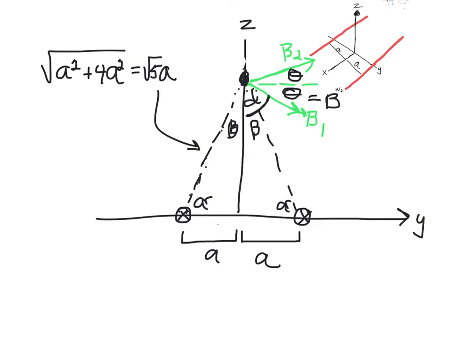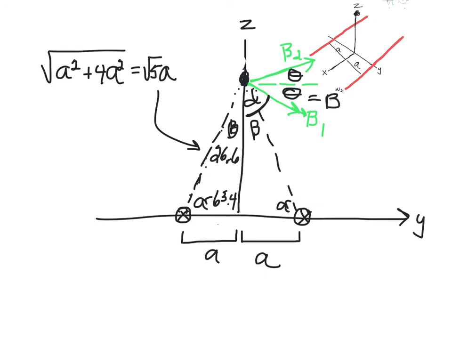Notice that this is A and this is 2A. So alpha is the inverse tan of 2A over A. If you want a number, that's 63.4. And beta is the inverse tan of 1/2, and that's 26.6.